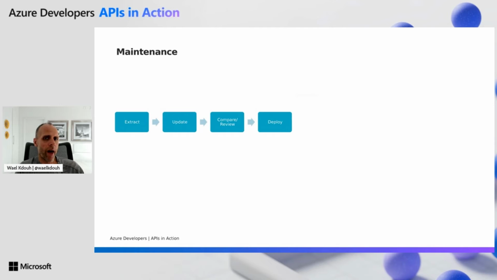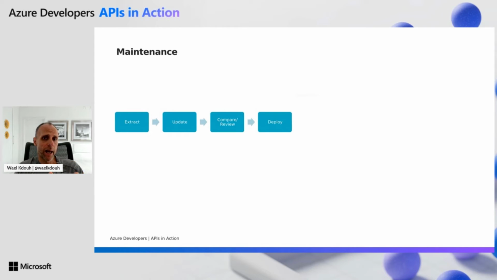So we enable that scenario as well, and this is covered by what we like to call the extractor inside APIOps. The best way to think about APIOps is as two different binaries or processes. One of them is for the extraction, and the other one is for publishing. Now, if you use the extraction, obviously it will involve the publishing at one point, because whatever you extract, you need to publish later on.